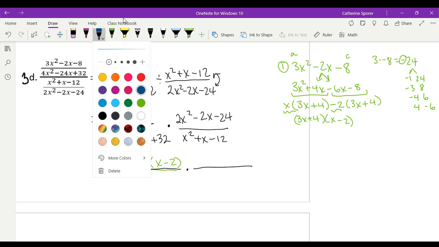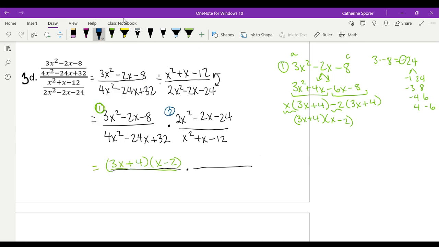Okay, now let's move on to the second piece, which is 2x squared minus 2x minus 24. At first, this maybe looks like hard factoring as well because we have a 2 in front of the x squared, but really we could divide that 2 out of each of the terms. We divide out that 2, it's 1x squared minus 1x minus 12.